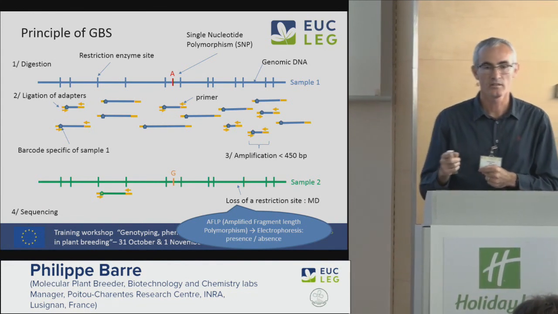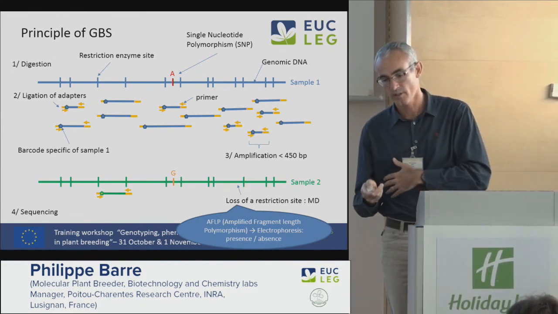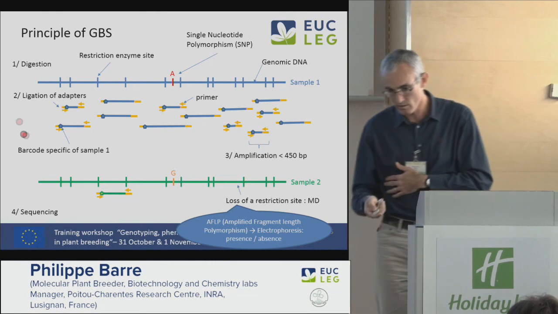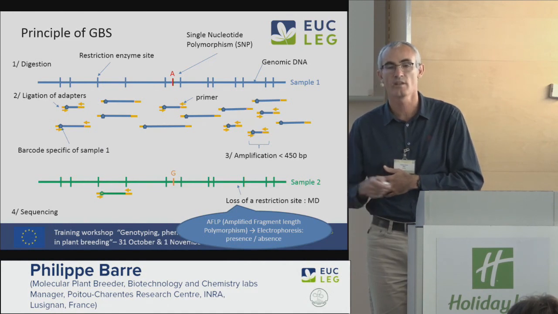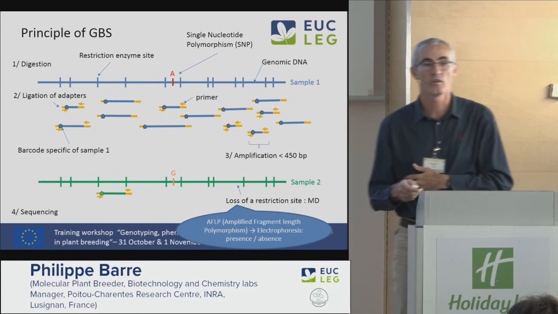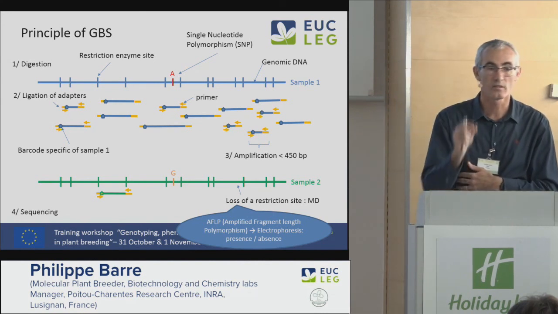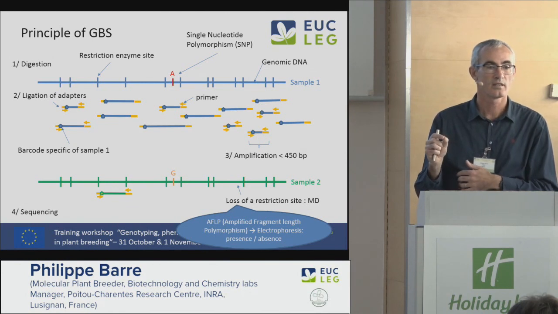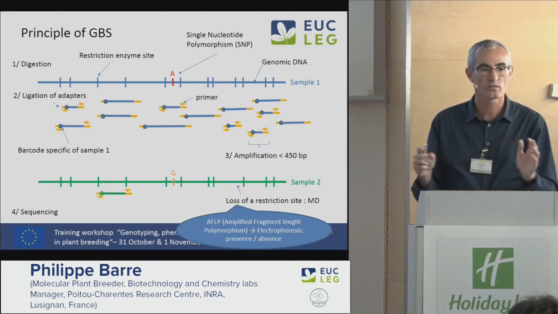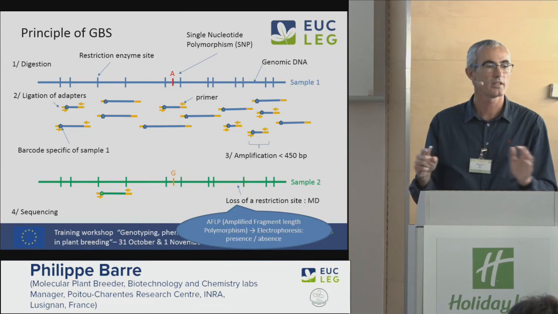One point that I want to mention is that you see a little blue element here, and a little star, green, there. This is the barcode, a very short sequence, and it is unique. It's a sequence that you don't find anywhere.